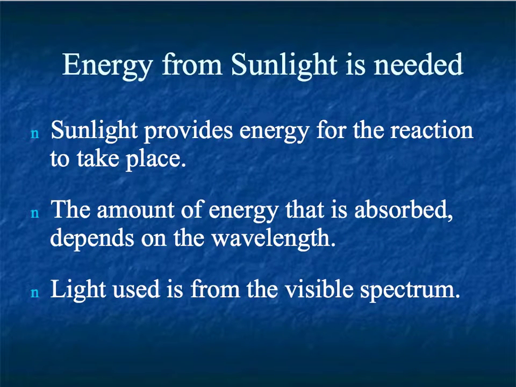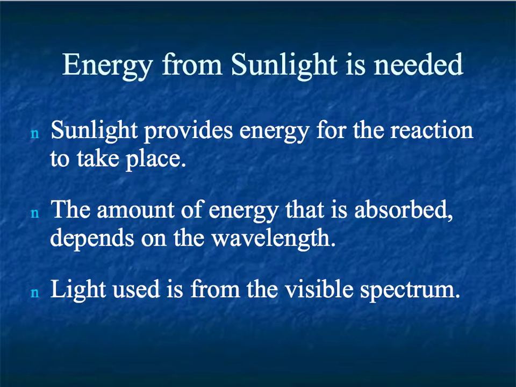We talked about in the previous slide, energy from sunlight is needed. And this sunlight will provide us with the energy for the reaction to take place. Thinking back to the different types of reactions and activation energy, in order for this reaction to occur, we need some energy source.